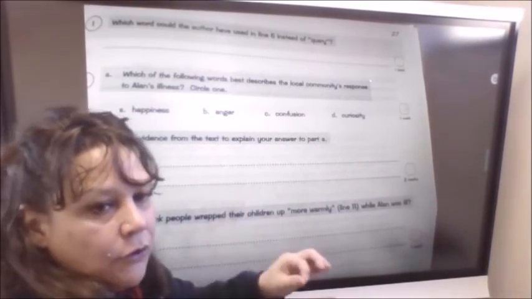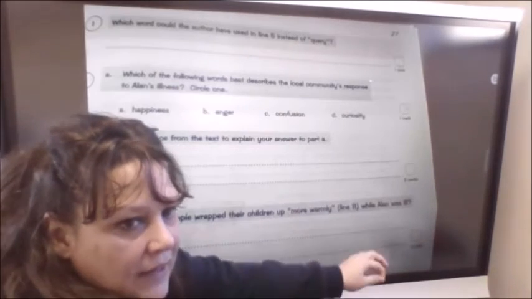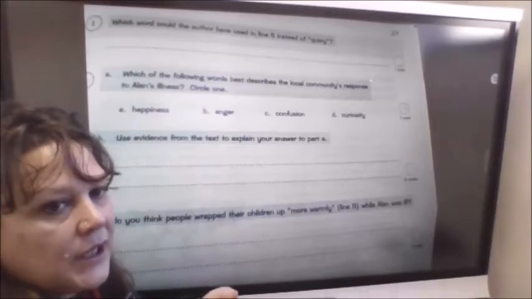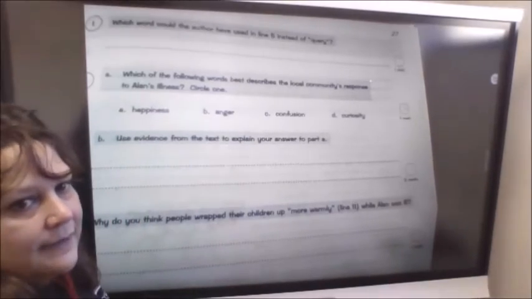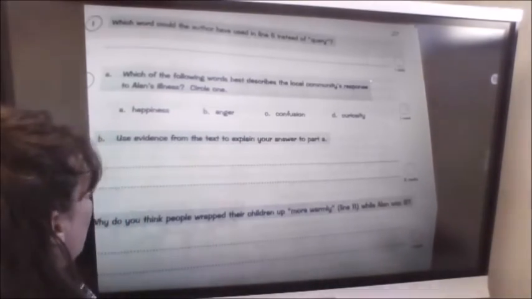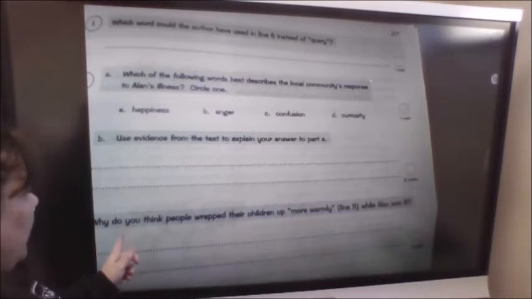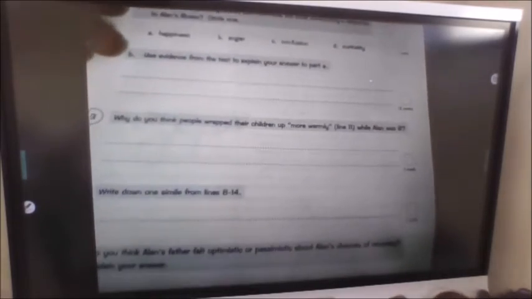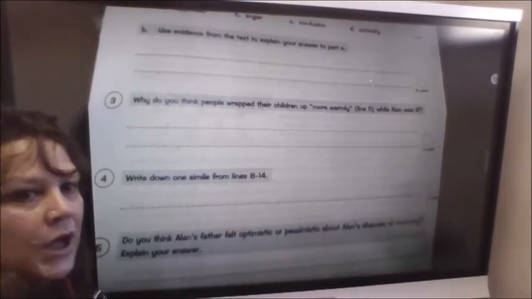So I want to see those phrases because it says in the text, this means. Okay, really important that we get into the habit of using those. Okay, so then, why do you think people wrap their children up more warmly while Alan was ill? It tells you the line to look at. Have a look at what goes on around that. And we did talk a little bit about that in the video.